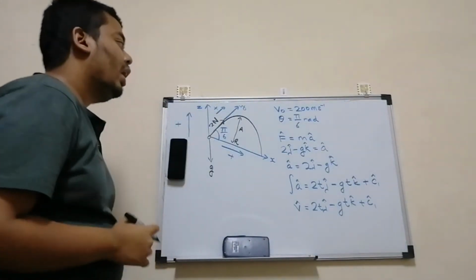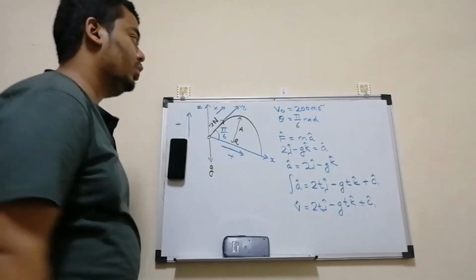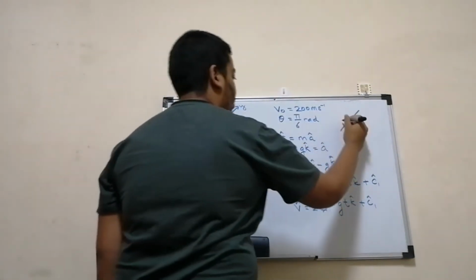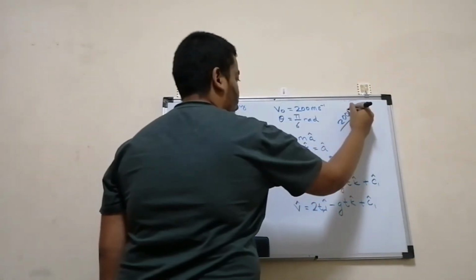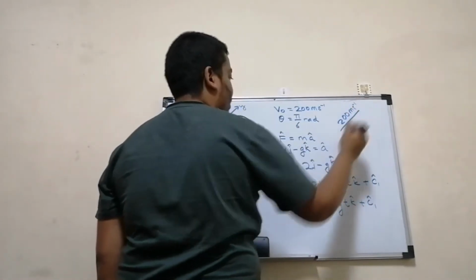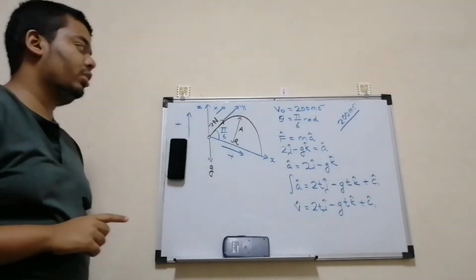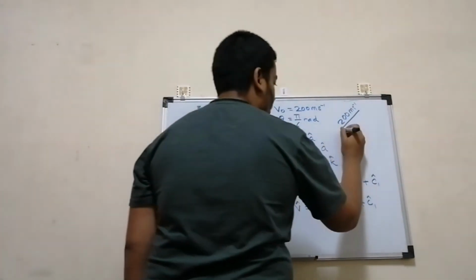Now we have something very interesting here. So listen, I told you the particle is thrown with an initial speed of 200 meters per second. I also told you the angle of elevation of the particle is pi upon 6 radians.